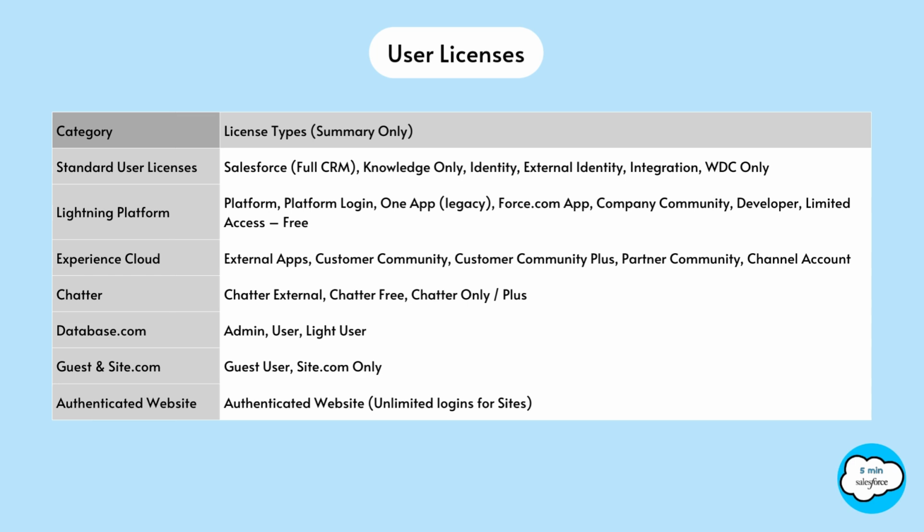And for sites with unlimited logins we can have authenticated website license. All these different licenses unlock different capabilities and are meant for different types of users. So these are all about user licenses.